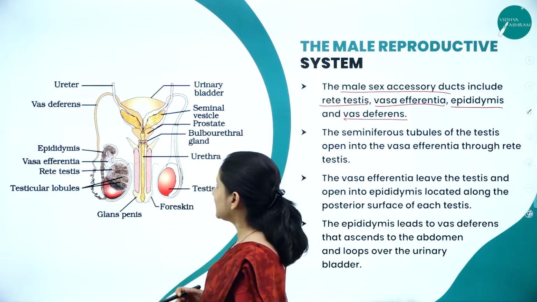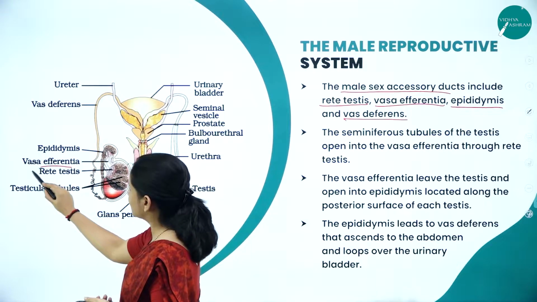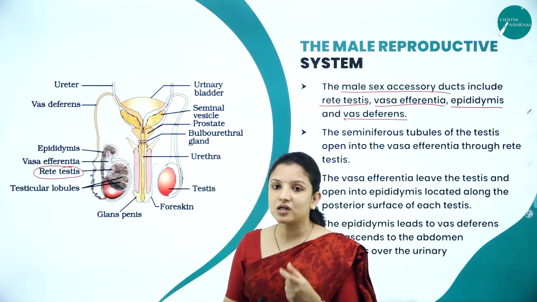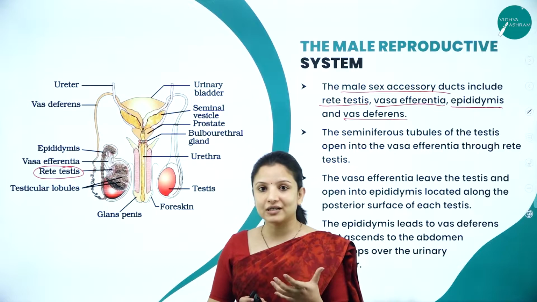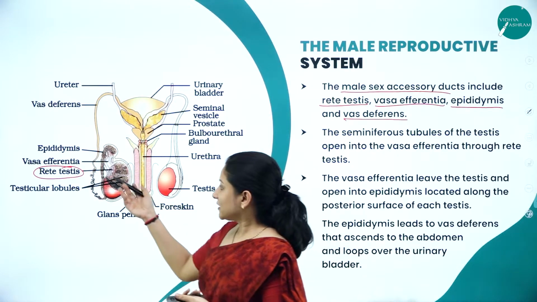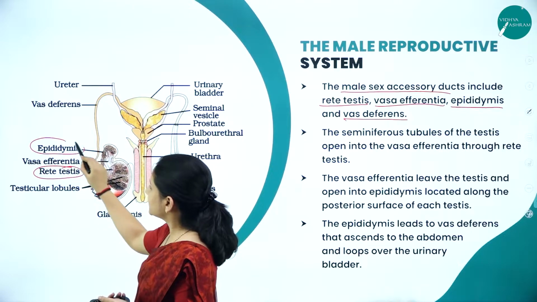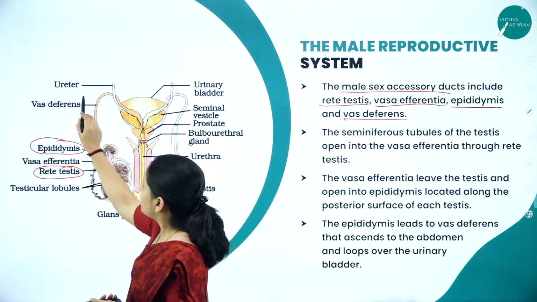As you can see, there is the rete testis. If you remember, in your first PUC also, you had learned this word rete when we talked about the kidney, right? So the rete testis is present. Then one more part, the epididymis, is present. Then we have the vas deferens.